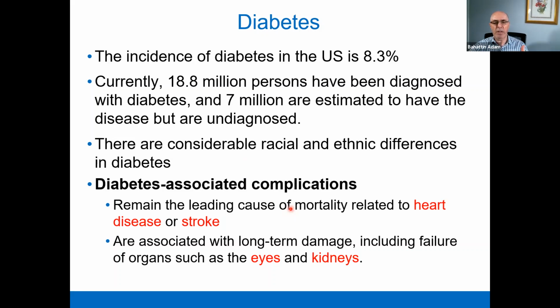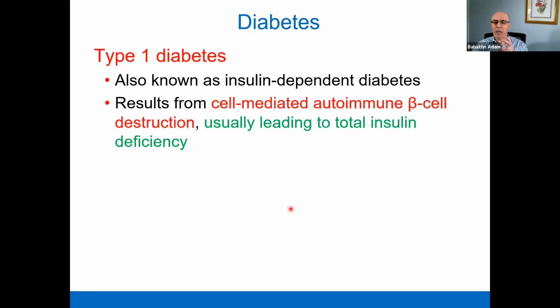Diabetes is also associated with long-term damage, including failure of organs such as eyes, kidneys, or neurons: nephropathy, neuropathy, or damage in our eyes. Now, there are two types of diabetes, type 1 and type 2.